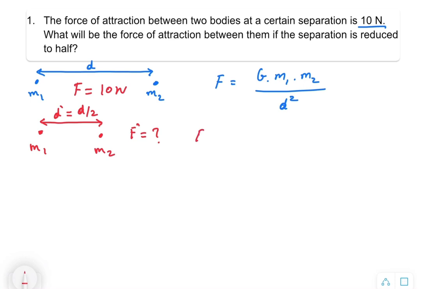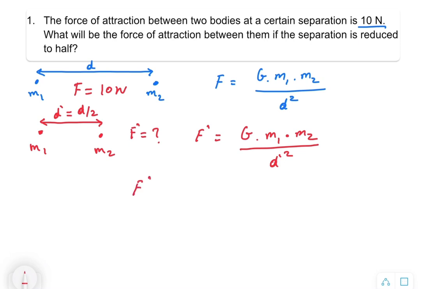So F dash will be equal to G multiplied by m1 multiplied by m2 divided by d dash square. Masses are not changing, just the distance is reduced to half. Now let me substitute d dash equal to d by 2.